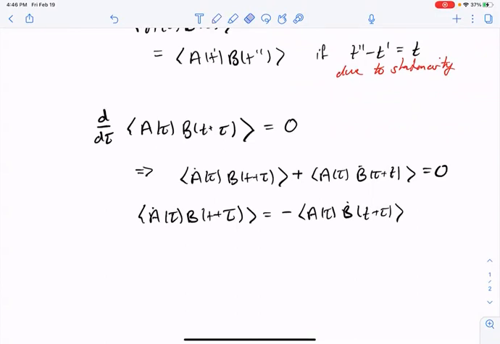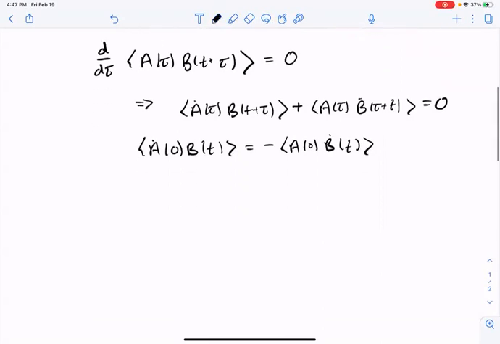Or evaluating tau at 0, as I am free to do, I find a property of time correlation functions that reflects their symmetry about the origin.